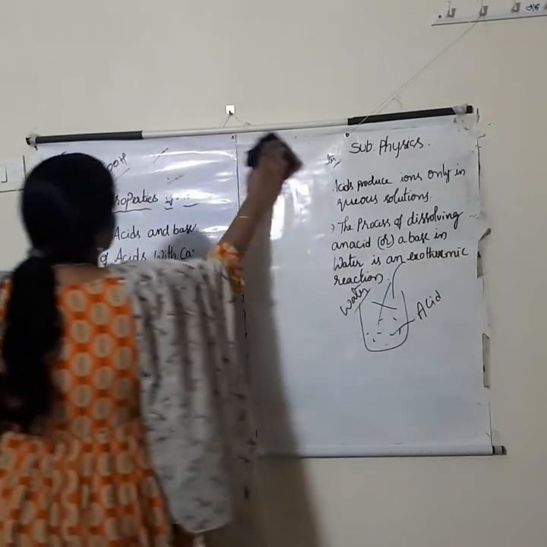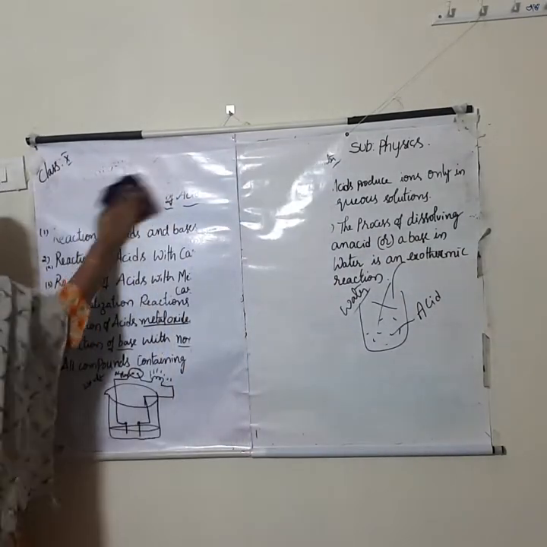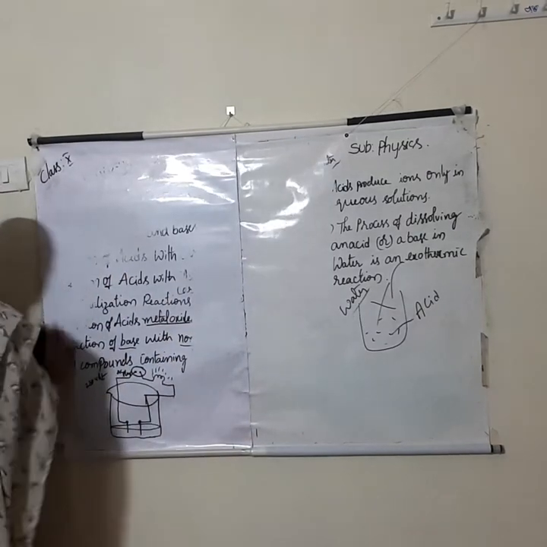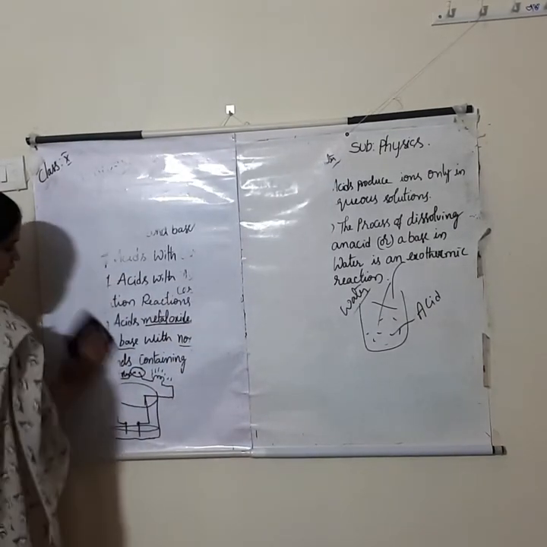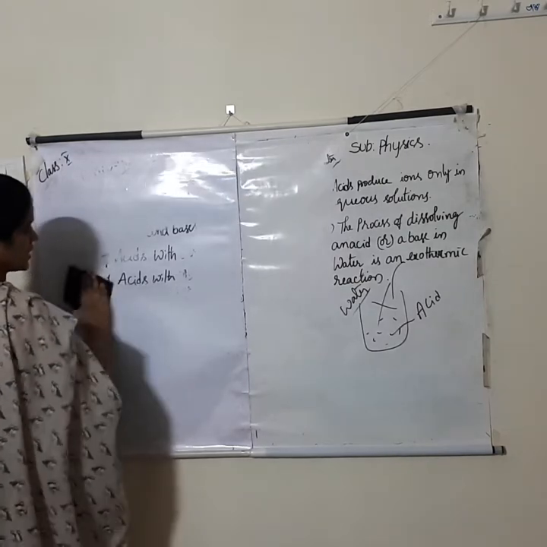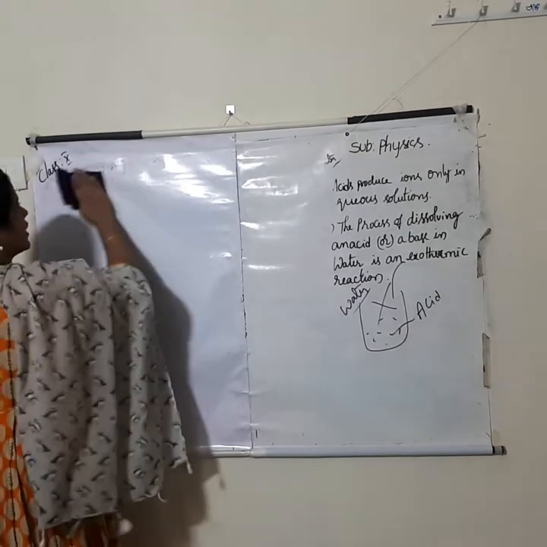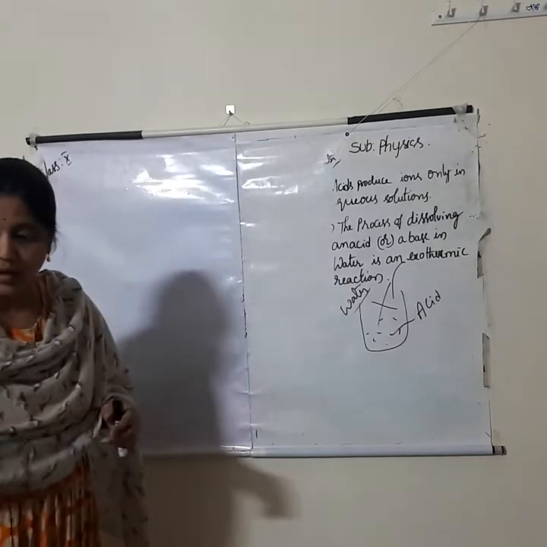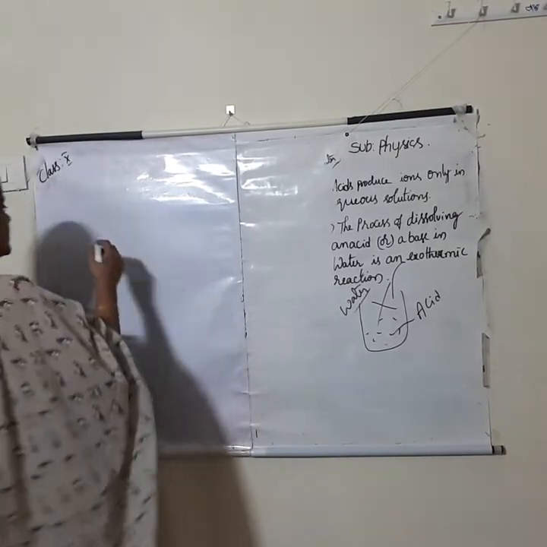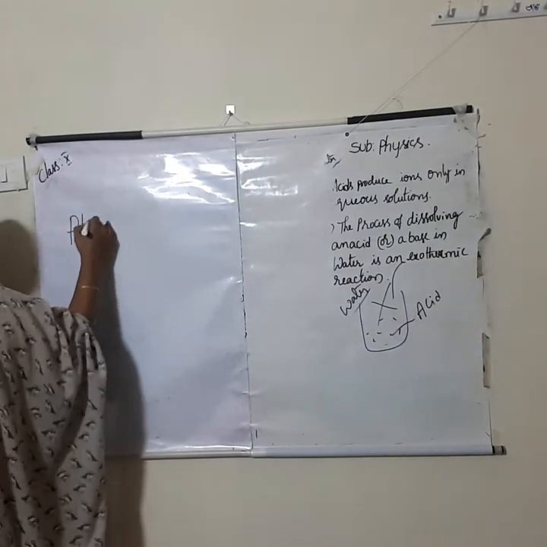This pH scale was introduced by Sorensen. Like we use a scale to measure distances, in the same way you can find out the concentration of a given solution by using the pH scale.